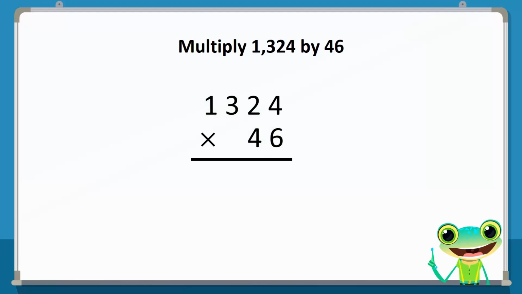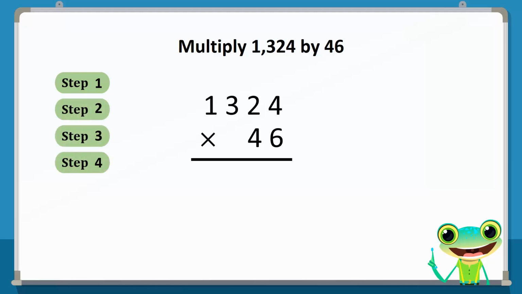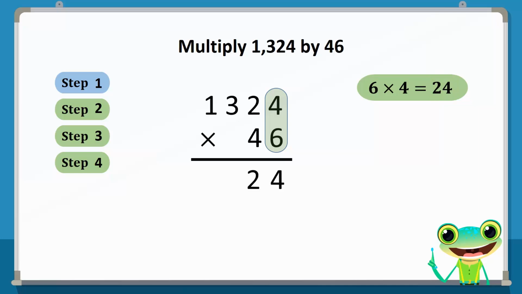Now, let's multiply. Since we have a 4-digit number at the top, we will have 4 steps to complete. In the first step, we will multiply 6 and 4, and that will give us 24. Write 4 in the ones place of the answer and carry over 2.